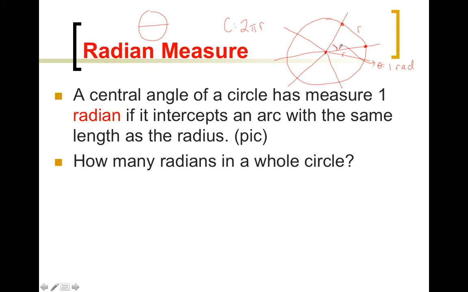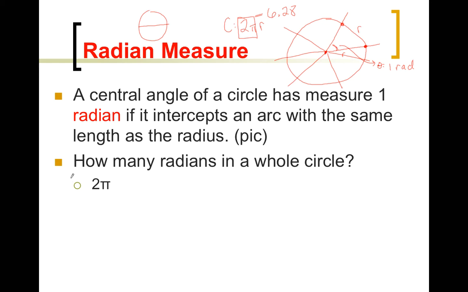If this is 1 radian, I have 6 and a little bit more. Well, guess what 2 pi is? It's equal to 6 and a little bit more. That means I have 2 pi as an entire circle.